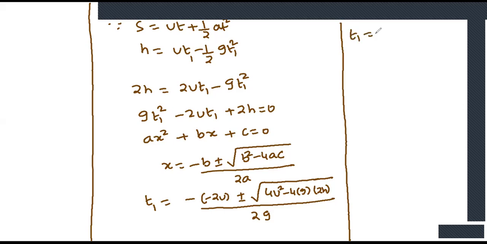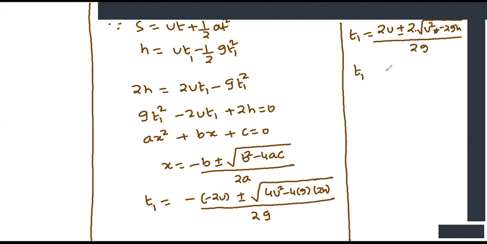Take 2 common: 2u plus or minus under root, where 4 I will take common, which comes outside as 2, u square minus 2gh, by 2g.